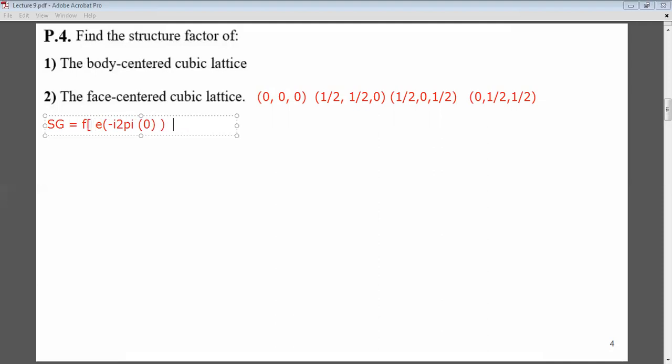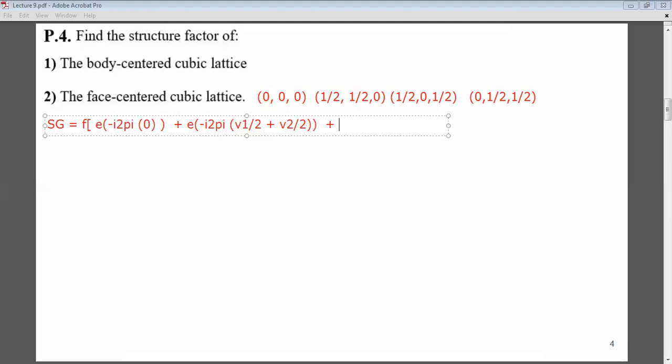The second term will be exponential minus I 2 pi into half V1 plus half V2, so V1 over 2 plus V2 over 2.